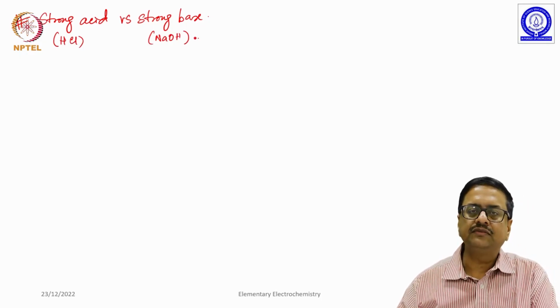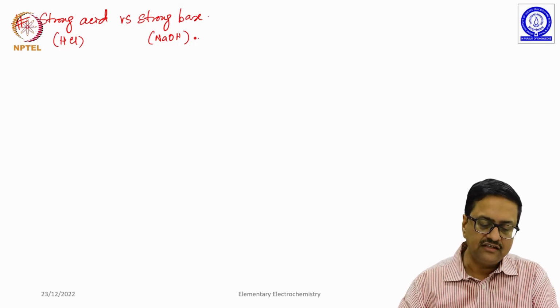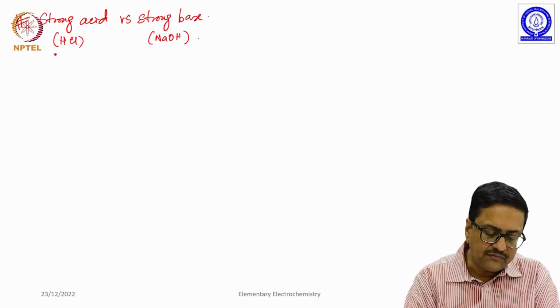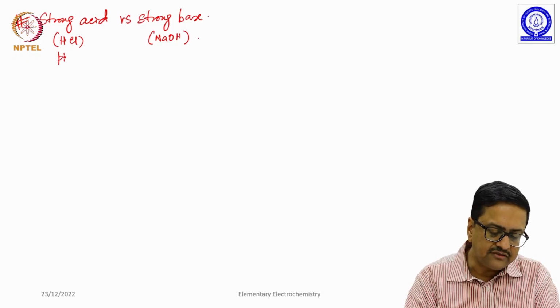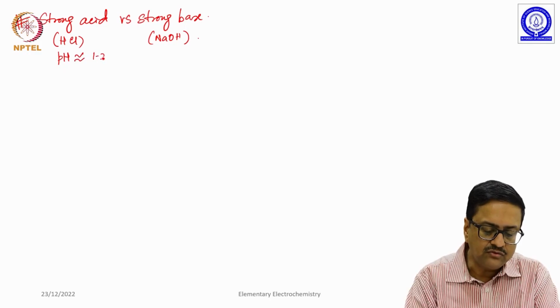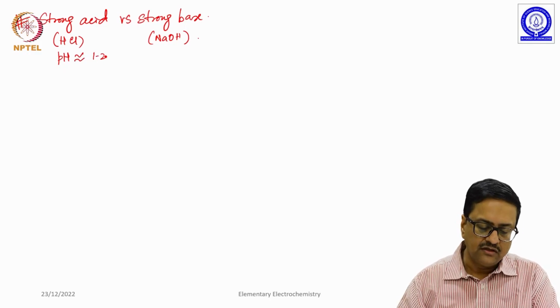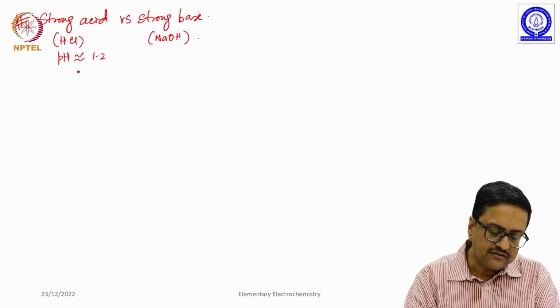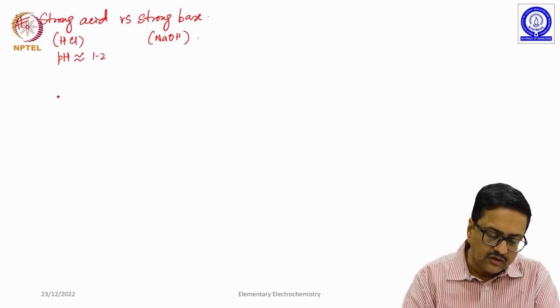In case of a strong acid like HCl, when you take a solution of HCl, it is completely dissociated, and you will find that the pH of a completely dissociated HCl solution is something around 1 to 2. When we start the titration, I will demonstrate this experiment physically in the next class.